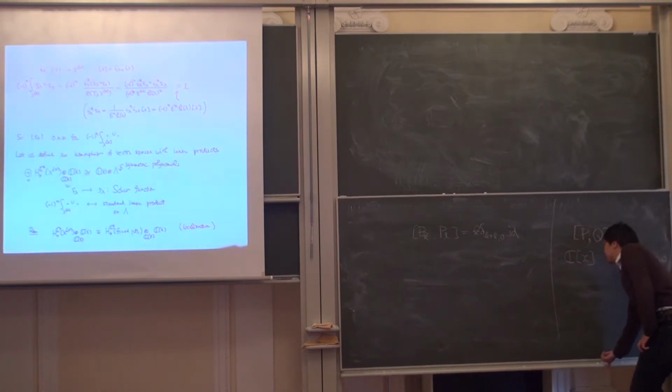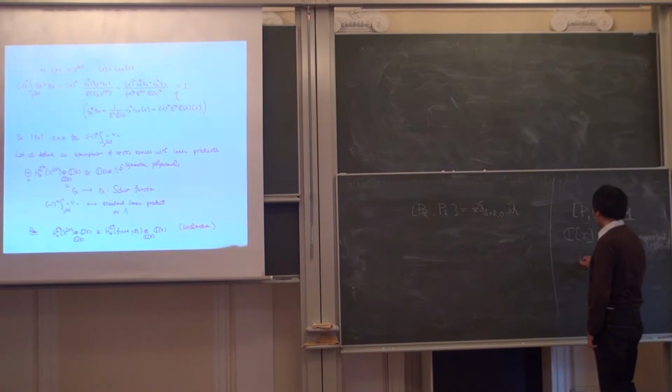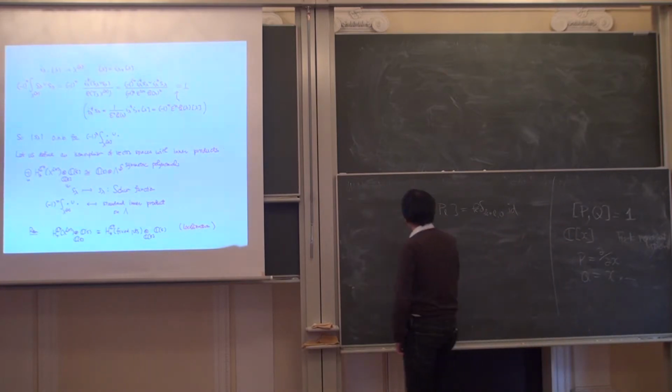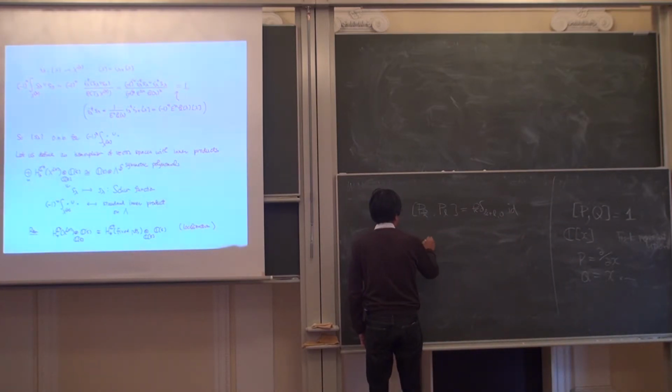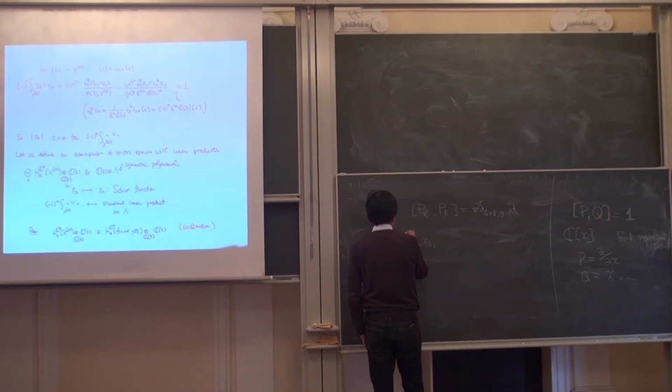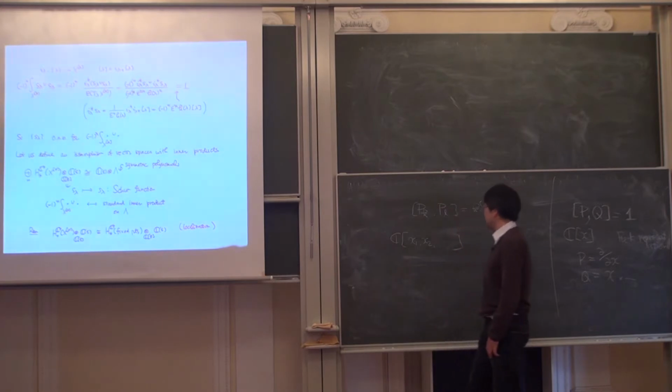In this, P is just the differentiation, and Q is multiplication. So this commutation relation is just differentiating x by d/dx, and you get 1. And on this, you introduce infinitely many variables x1, x2, and consider polynomials in infinitely many variables.